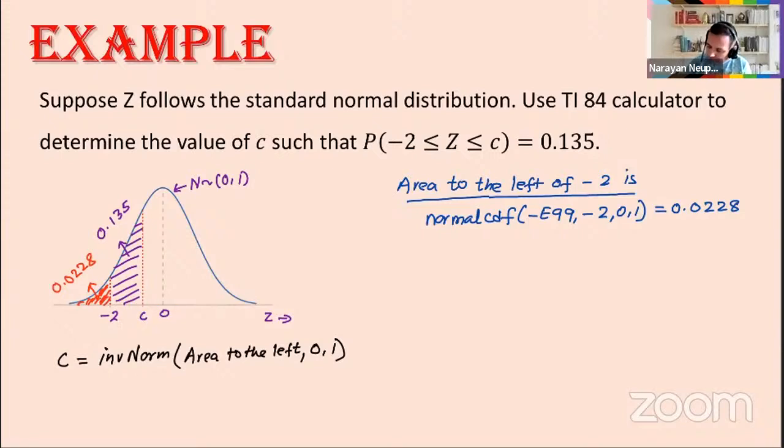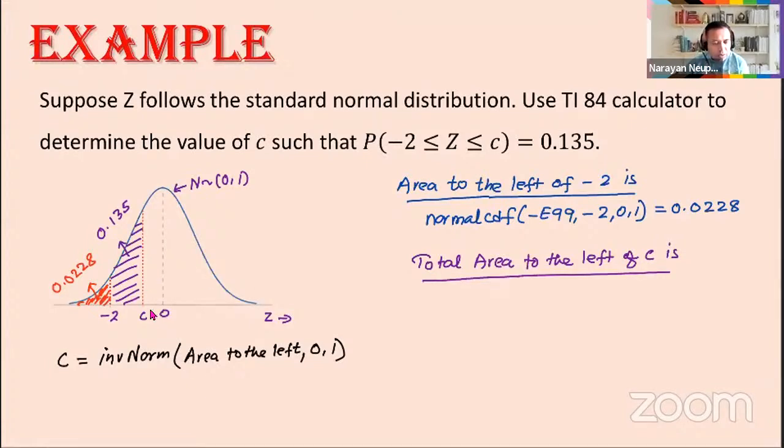So now, once you know that area in red, we can find the total area to the left of C. So let's write that down. Total area to the left of C. If you look at the diagram, to the left of C we have 0.135 in that section that is given, and then in the tail we have 0.0228.